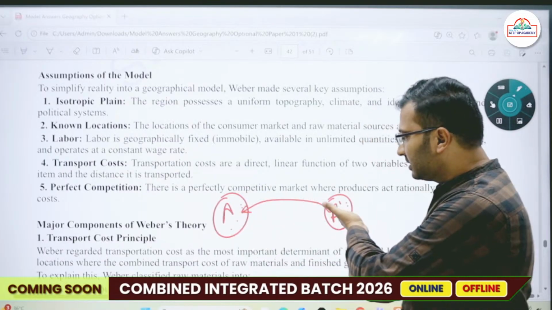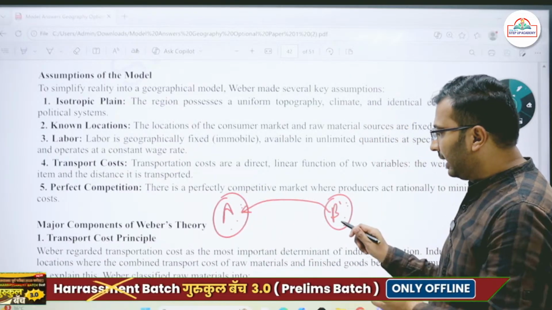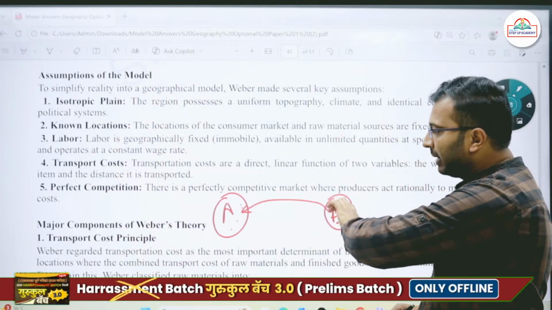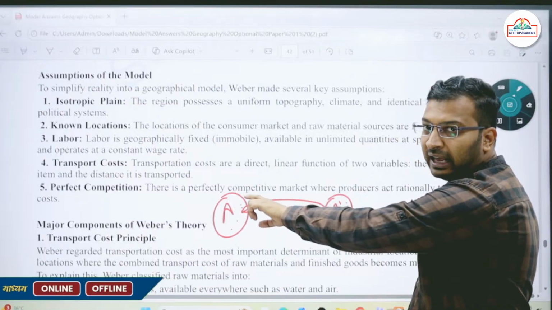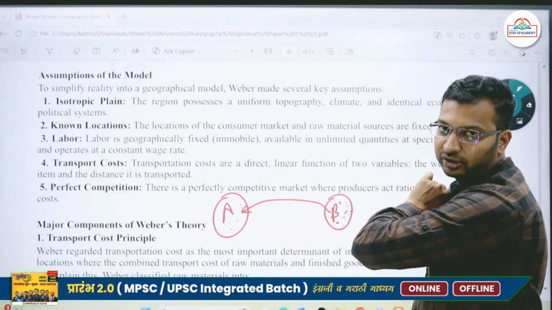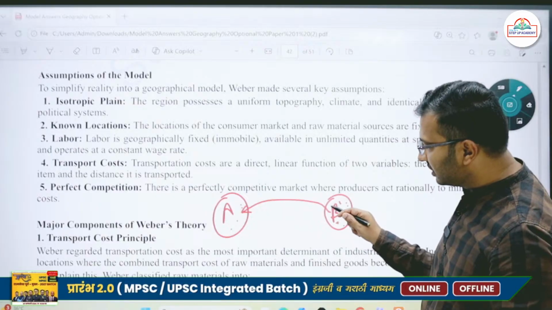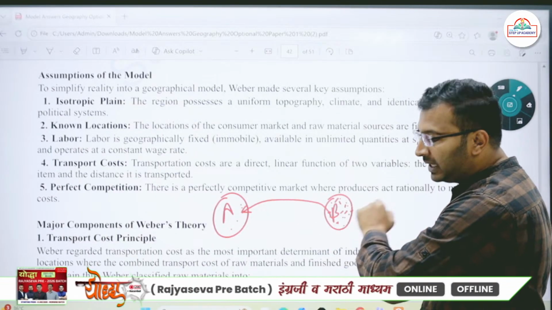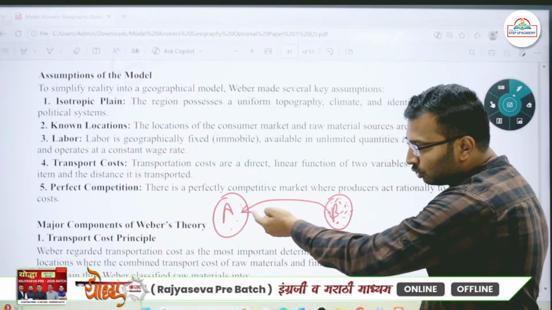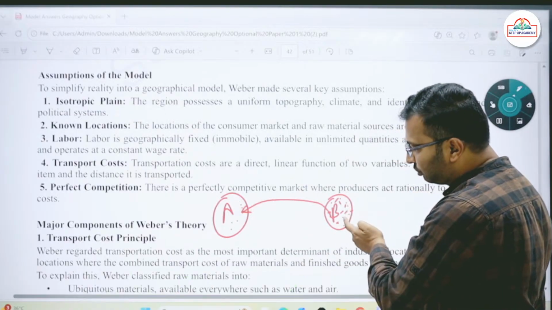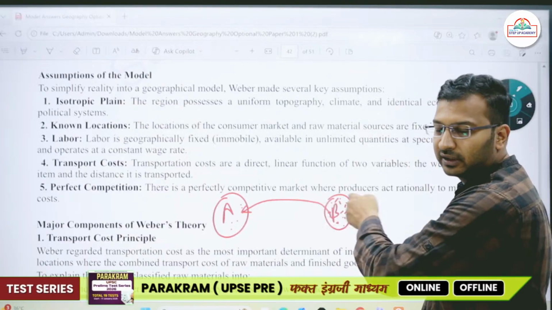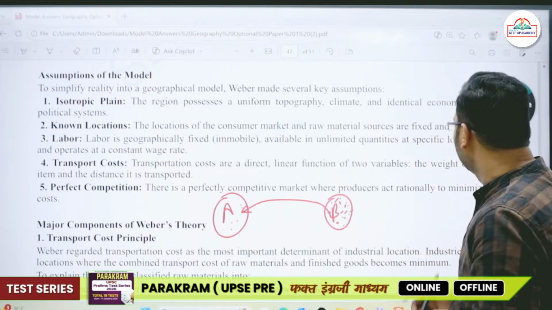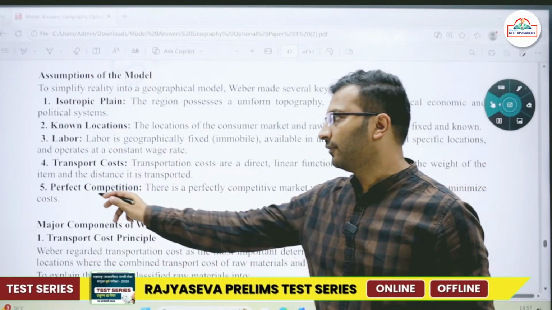They'll be staying in that area itself, and they'll be purchasing goods in area B only, because by traveling to region A they'll have to pay for the transportation cost. So whatever competition is developed over here, there will be perfect competition. Most of the industries which are present in A will also be present in B to maintain the competitiveness. Okay, so there is perfect competition.